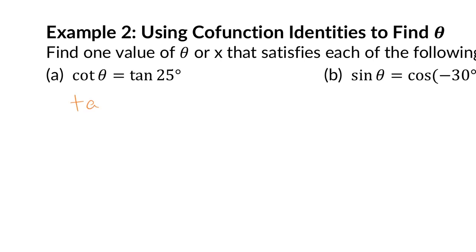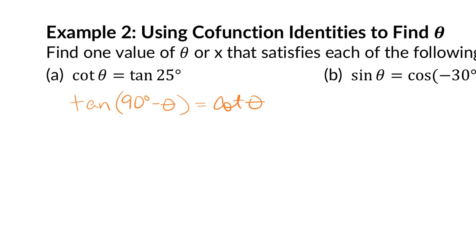It says that if you have the tangent of pi over 2, but that's 90 degrees, minus theta, that is equal to cotangent. This is just straight up the formula from that row of the formula chart.